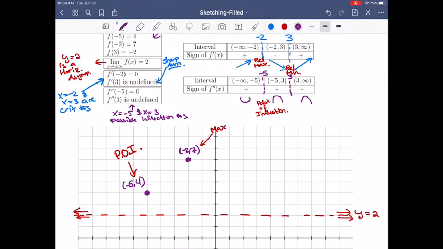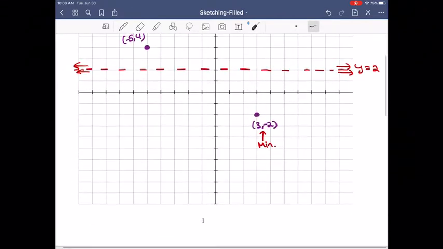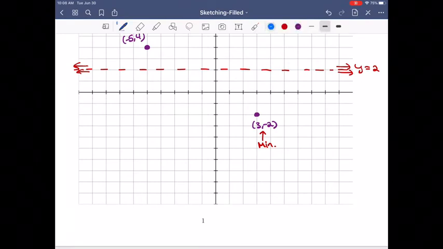Okay, so the first place where we change something is at -5. Down here, maybe let's do it in blue, from -infinity until -5, we were increasing and concave up. So what that means is we're going to have a shape that's like this.